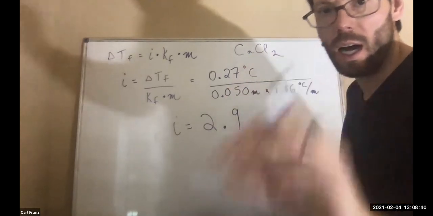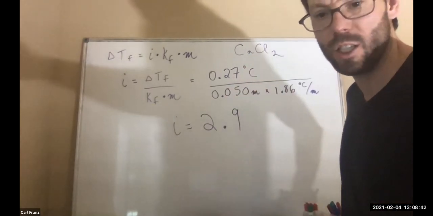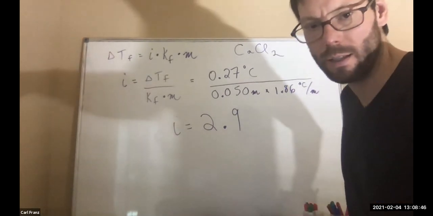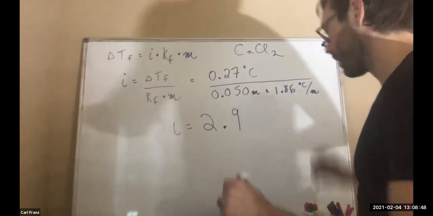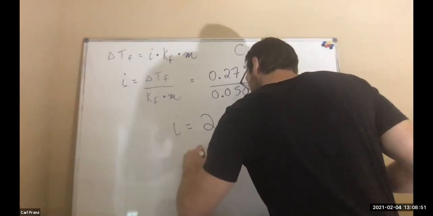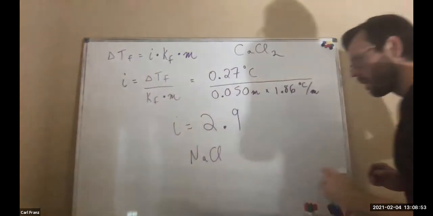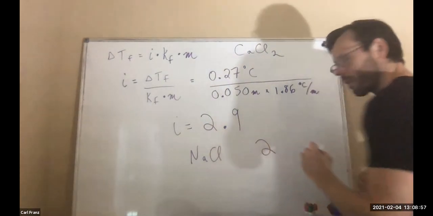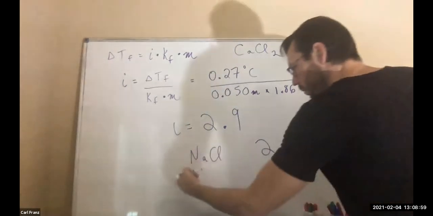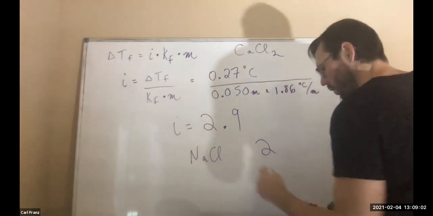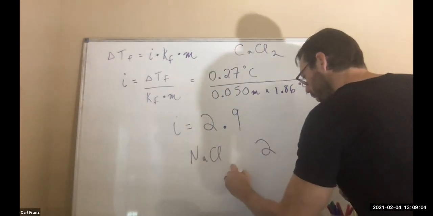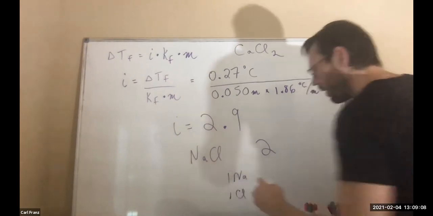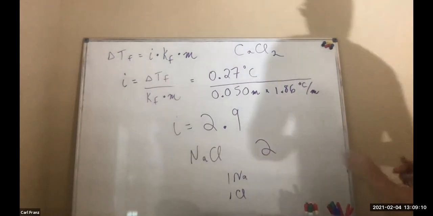So it's asking us what is the I and how does it compare to the expected value? Well, what is the expected value? I guess that's the question. We said that sodium chloride has an expected value of 2, right? Because 1 mole of this goes into form a mole of sodium and 1 mole of chlorine, and 1 plus 1 is 2.